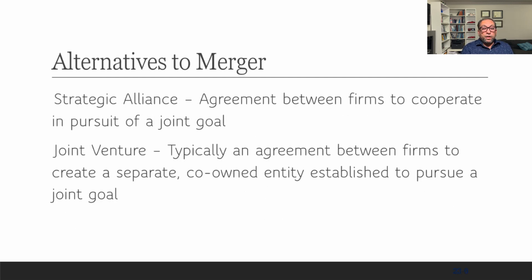What are the alternatives to mergers? One is a strategic alliance. That is another possibility, where you do not do a real transfer of ownership. What you do is make a partnership with the firms, especially in a horizontal way.